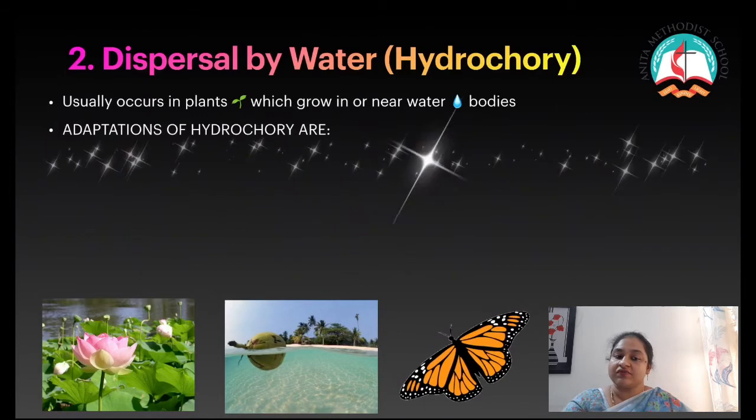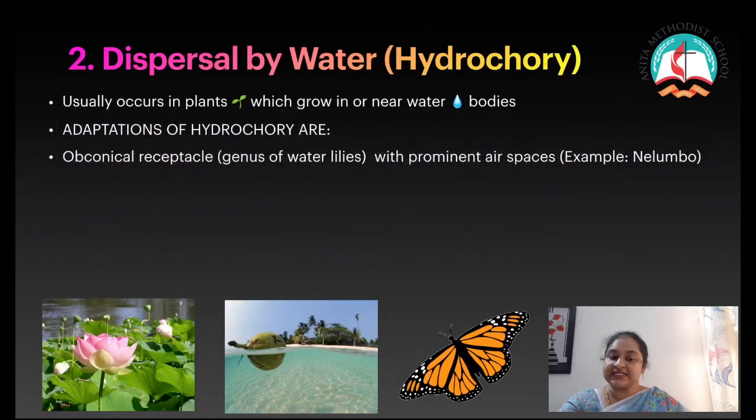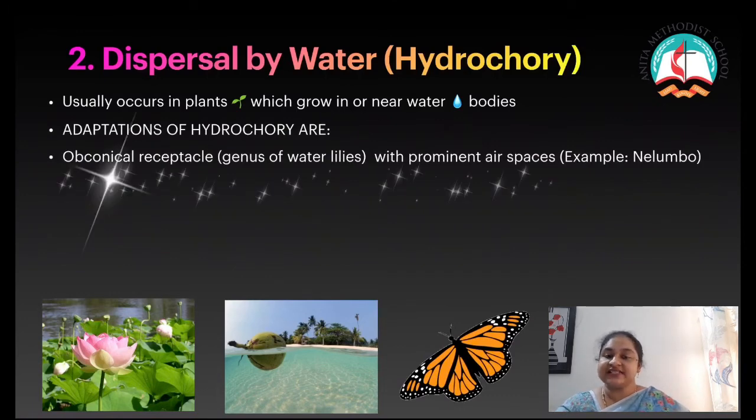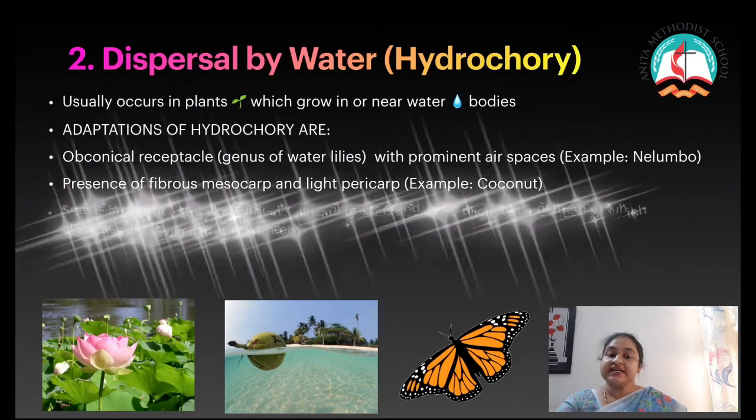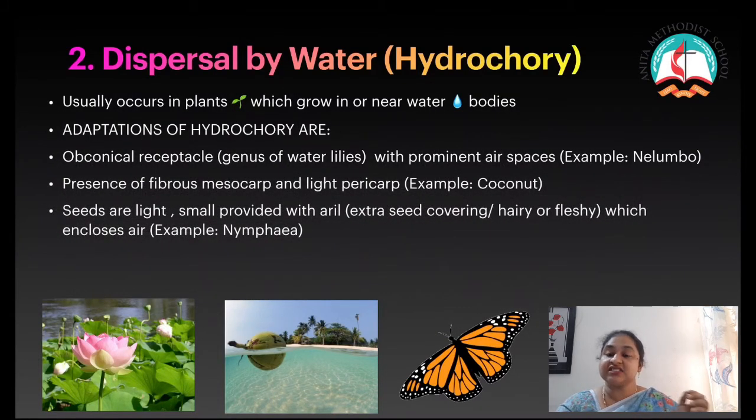So, an upturned conical receptacle, as in a genus of the water lilies with prominent air spaces. Example, Nelumbo. And then the second one is the presence of fibrous mesocarp and light pericarp, as we see in the coconut. Seeds are light, small.